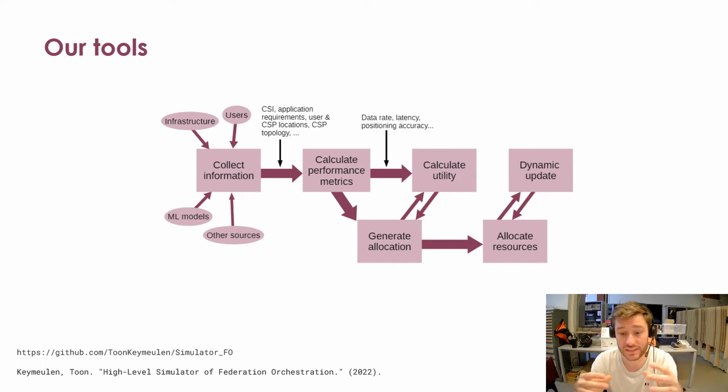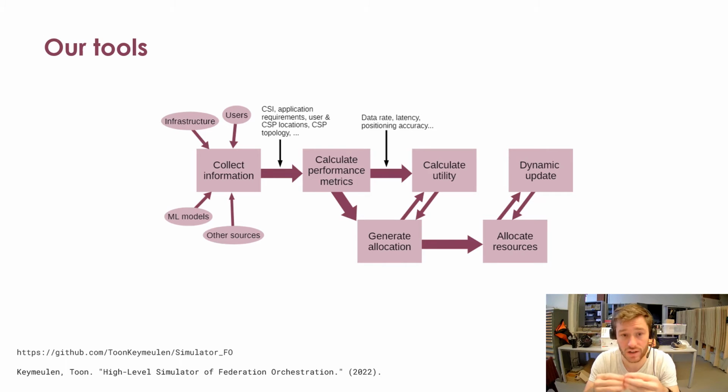So we can divide these federation orchestrations into 5 different subproblems. The first one is the collection of input information from the RadioWeaves infrastructure, the UVs, and other sources, channel models, and so on. Based on that, by modeling and prediction, we can model and predict the application level performance metrics for a certain application.